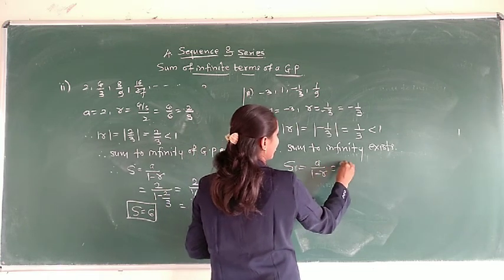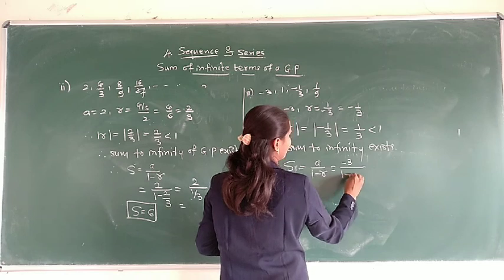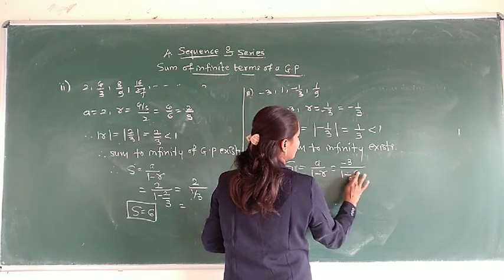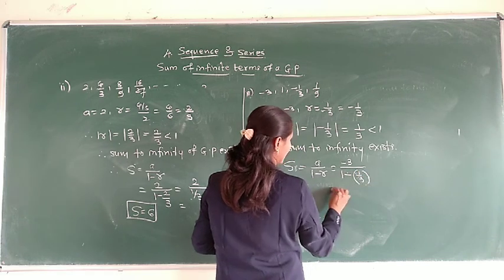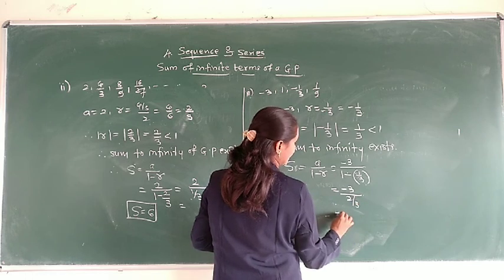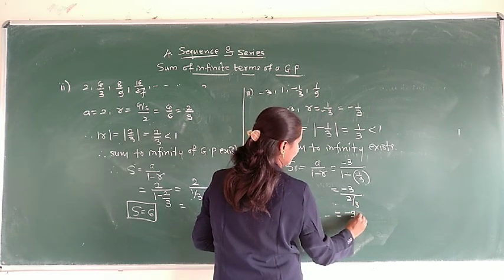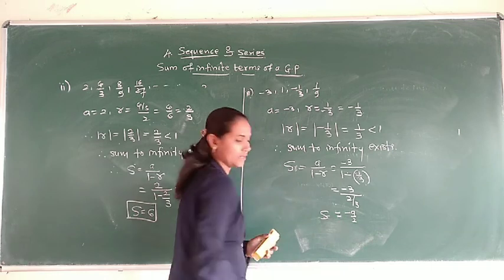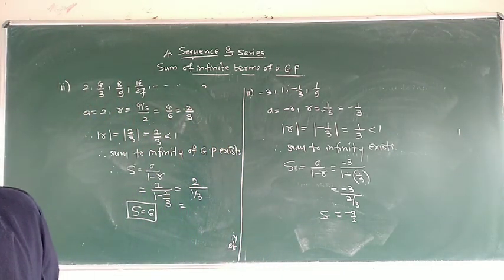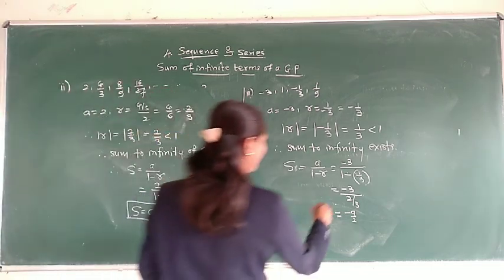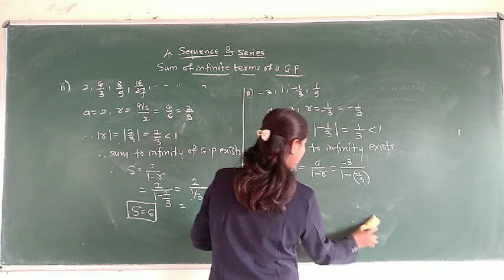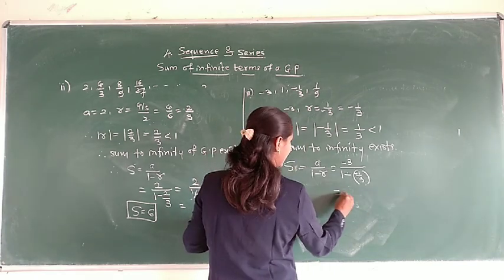What is the value of A? Minus 3 divided by 1 minus, the value of R being minus 1 by 3. Therefore minus 3 divided by 1 plus 1 by 3, that is 4 by 3.